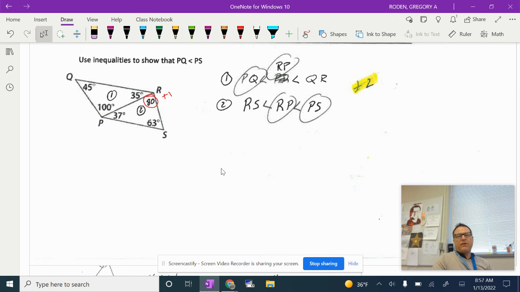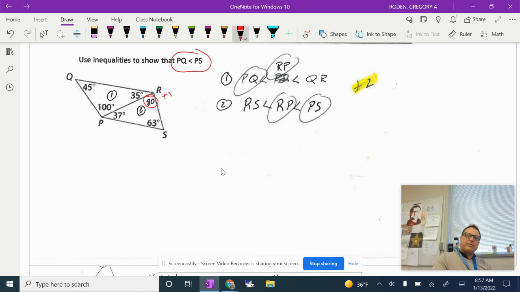Okay? Well, look here. PQ is less than RP here, but RP is less than PS here. So PQ has to be less than PS.